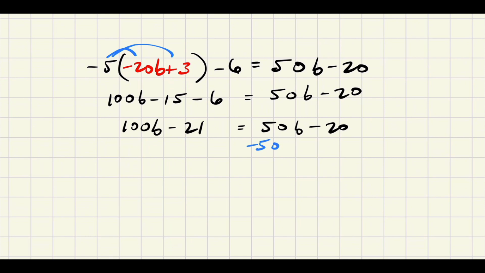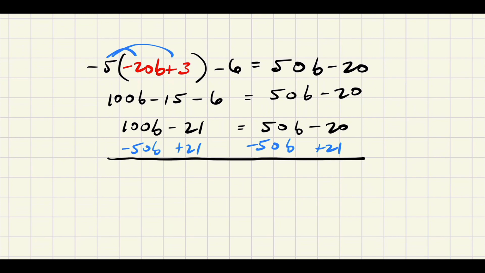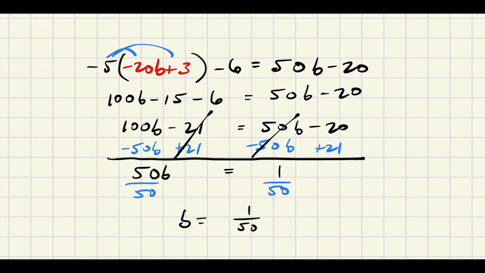So I'm going to subtract 50B from both sides, and I'm going to add 21 to both sides. So I get 50B equals positive 1. Divide by 50. B equals 1/50th. Okay, there's my B.